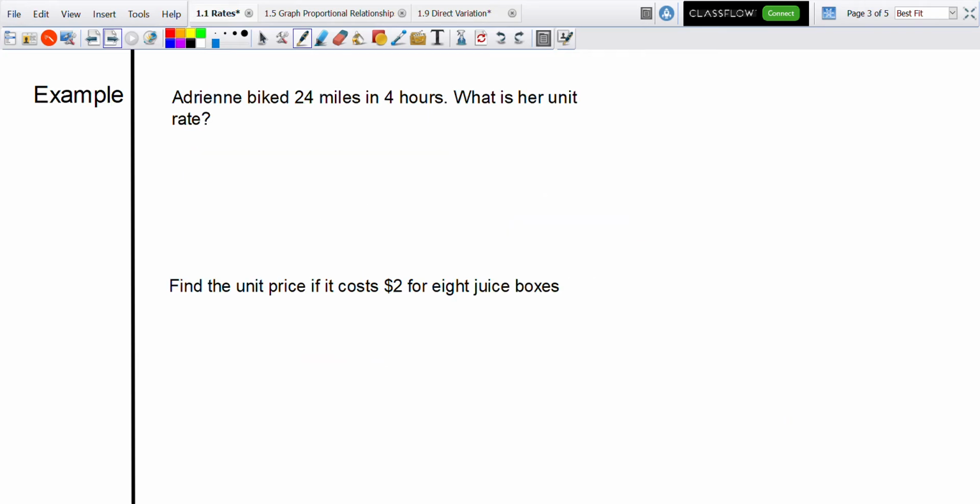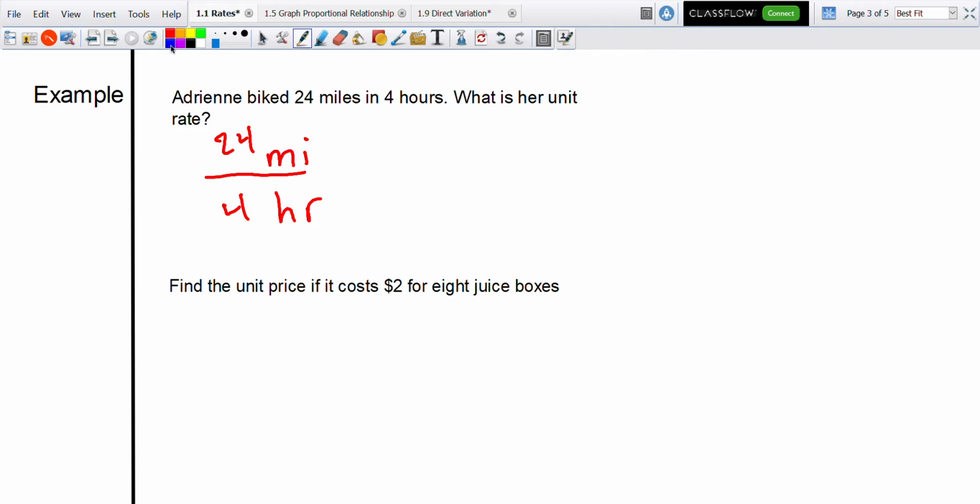So, if we have a person biking 24 miles in 4 hours, take this time now to find her unit rate. What was her miles per hour? Okay, so if I set this up, I'm setting up miles per hour, miles over hour. And I know that she went 24 miles in 4 hours. So my fraction setup is 24 miles over 4 hours.